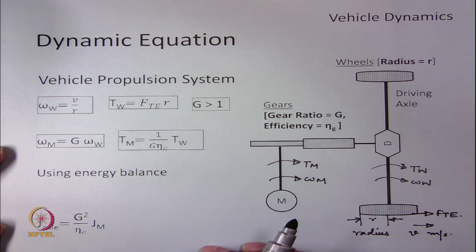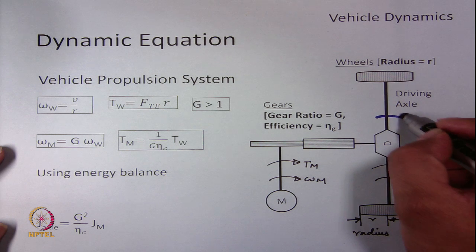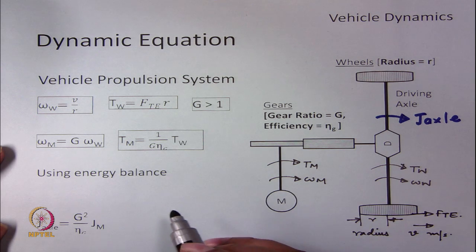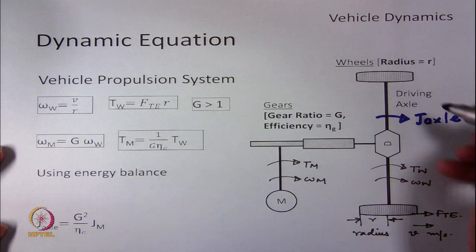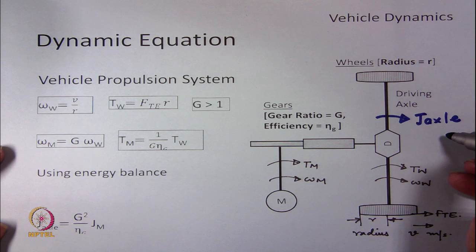In our previous interaction, we discussed J axle, which is the moment of inertia of the driving axle. This is the moment of inertia of all the components as seen by the driving axle.